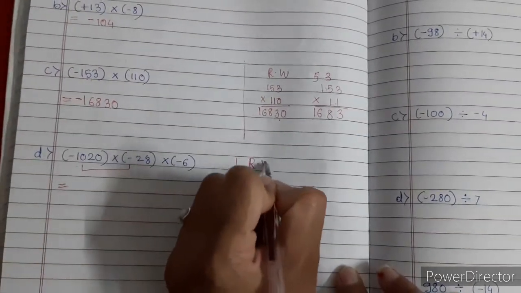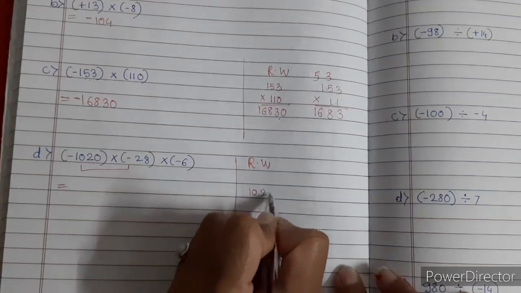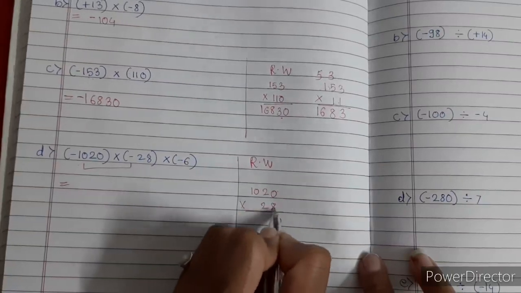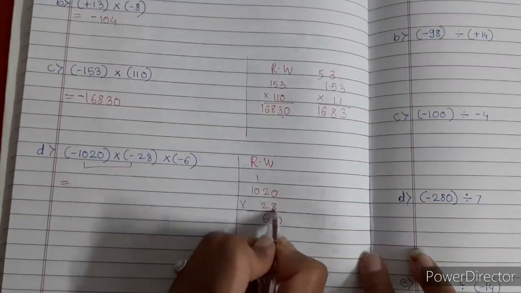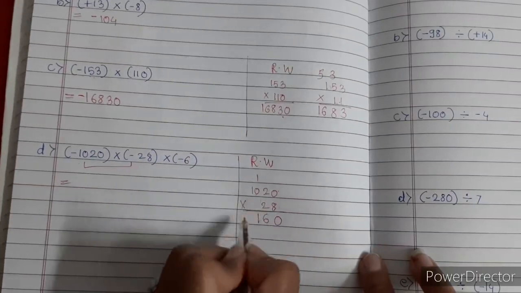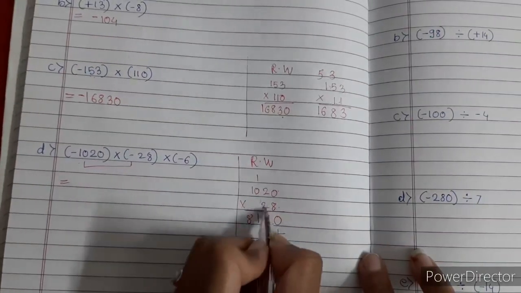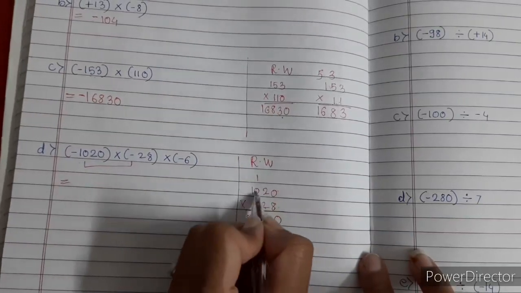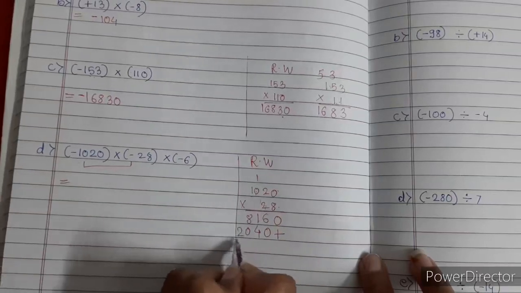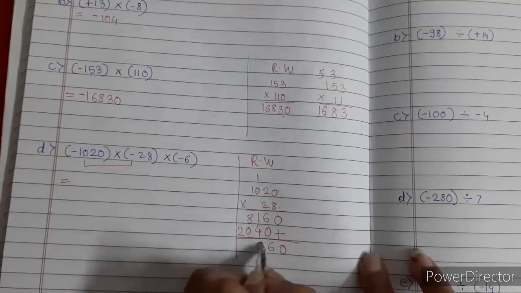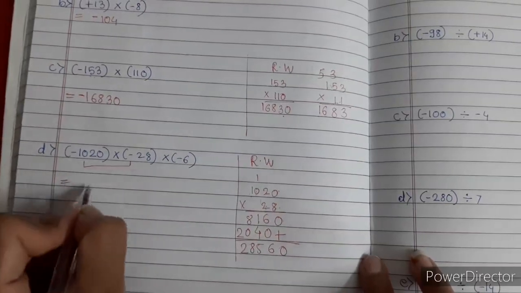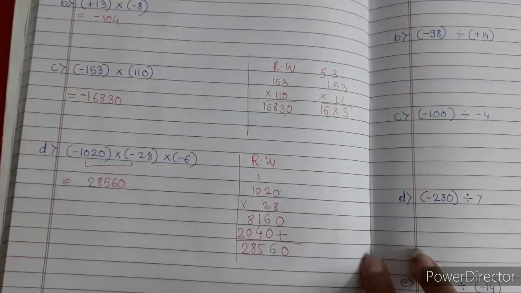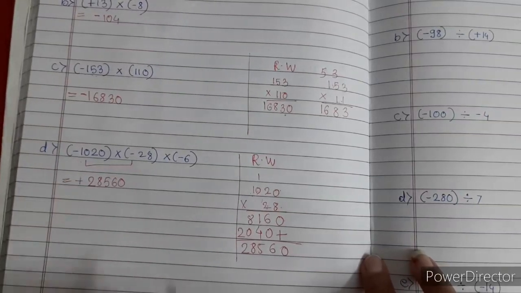Let us perform rough work. 1020 multiplied by 28. 8 zeros are 0, 8 twos are 16, carry 1, 8 zeros are 0, 1, 8 ones are 8, plus 2 zeros are 0, 2 twos are 4, 2 zeros are 0, 2 ones are 2. We'll add them: 0, 6, 5, 8, 2. So I have 28560 and both of them have the same sign, so my answer is positive.